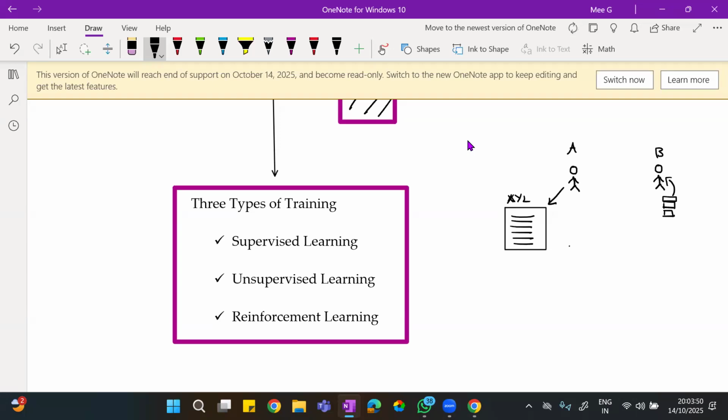Here, A is learning under the guidance of the XYZ institution, and B is learning on his own. This is called supervised learning.